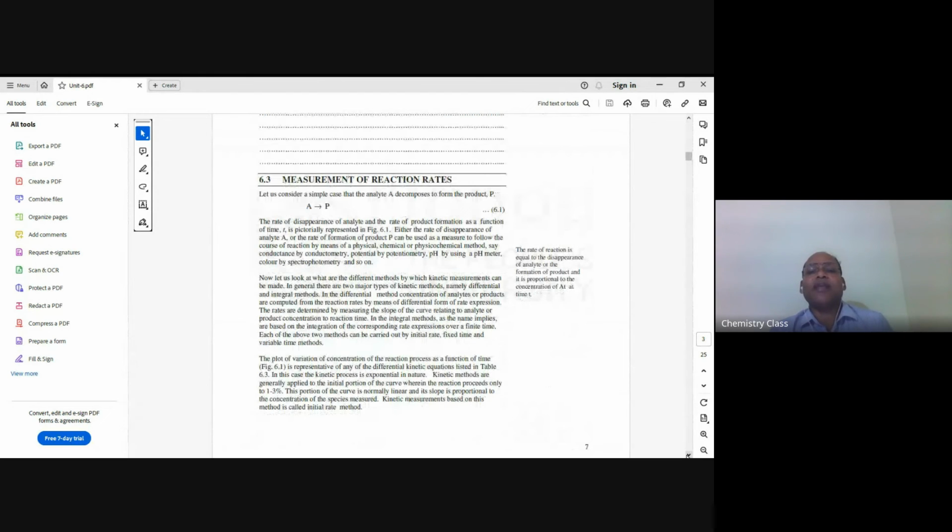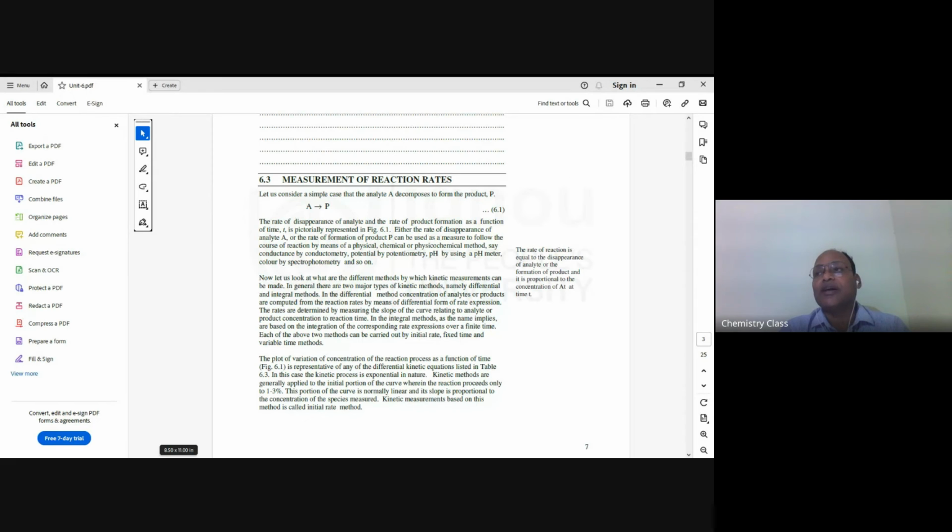Now, the measurement of reaction rates. This is the real field of kinetics. How will we measure a particular reaction rate?